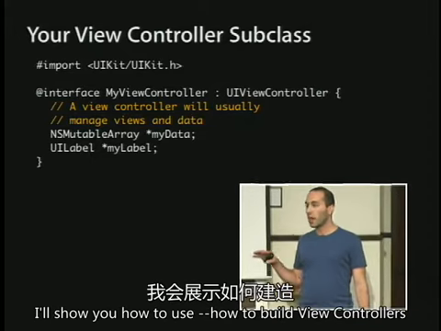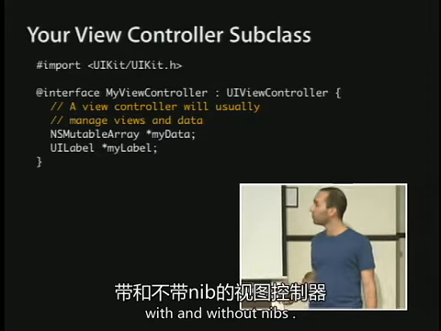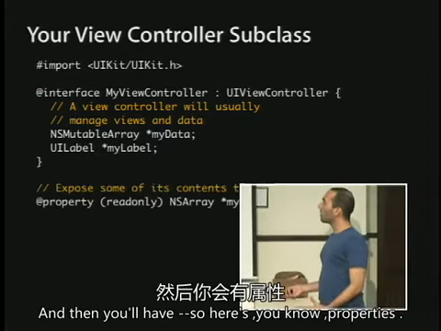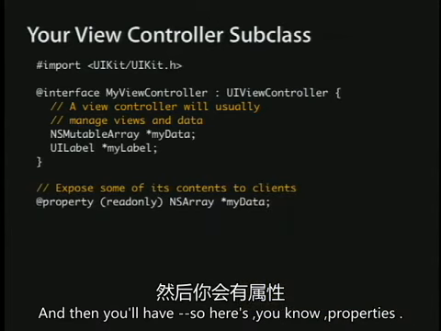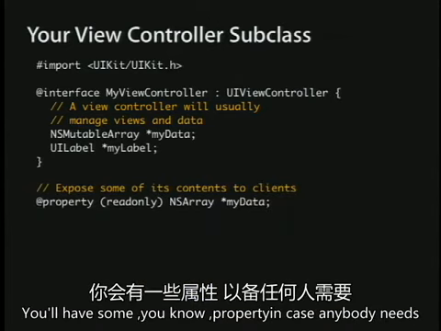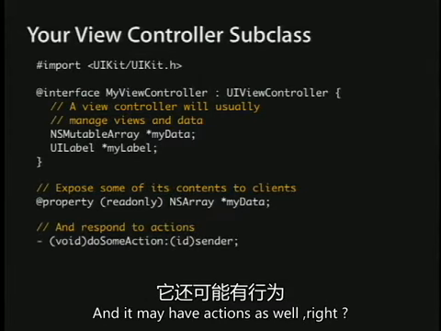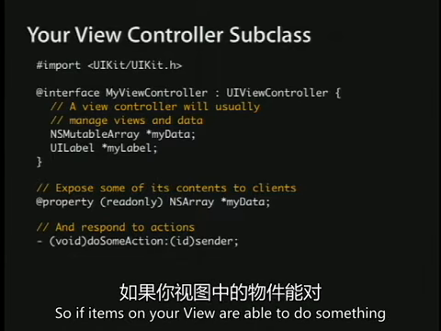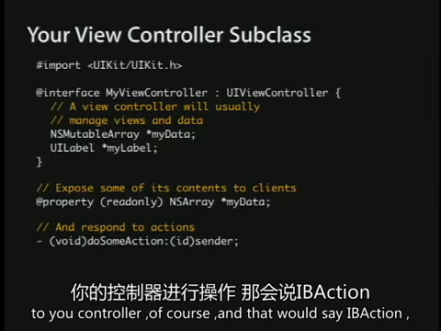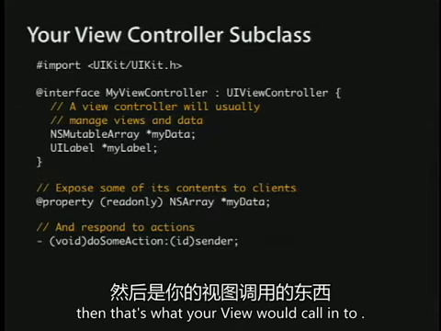I'll show you how to build view controllers with and without nibs. And then here's a property, so you'll have some properties in case anybody needs to communicate with your view controller to get data or set it. And it may have actions as well, right? If items on your view are able to do something to your controller, that would say IB action, and that's what your view would call into.